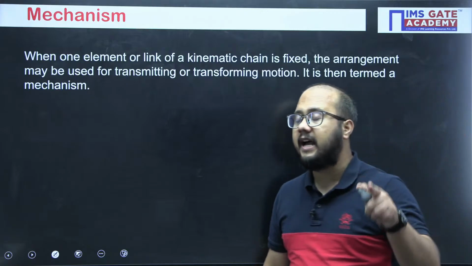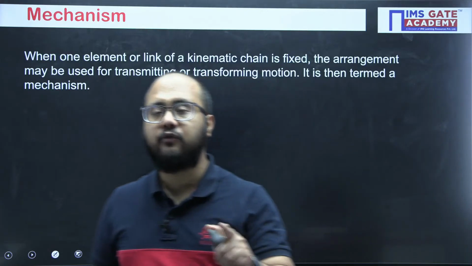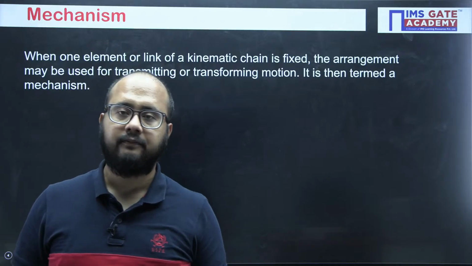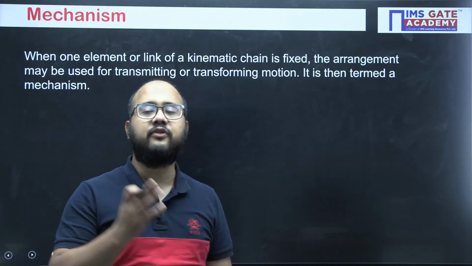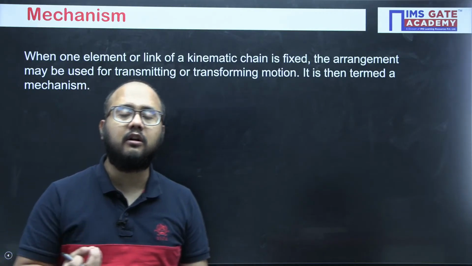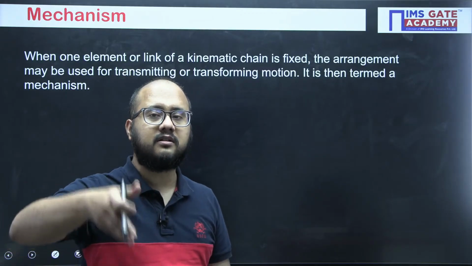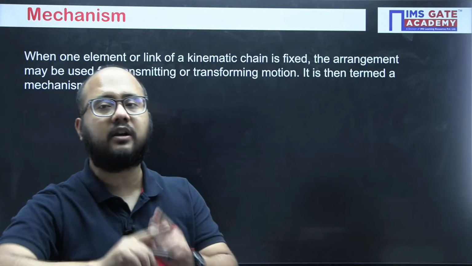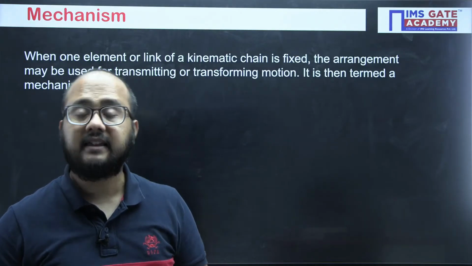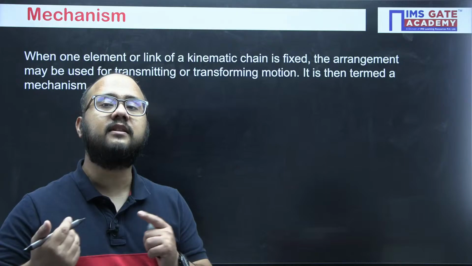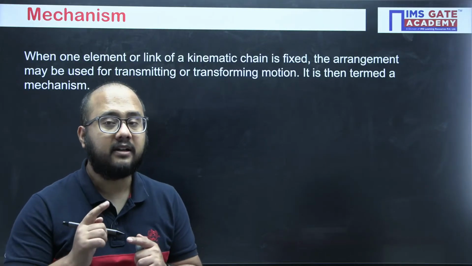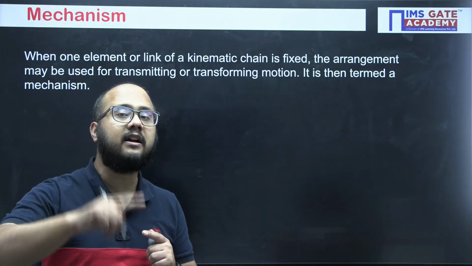So now coming back to the actual definition of mechanism. If in a kinematic chain any one of the links gets fixed, the fixed link is also called the frame of reference. That fixed link will serve as a frame of reference for the other links. Then that kinematic chain is called a mechanism. But a mechanism will be there only when it has a constrained motion.